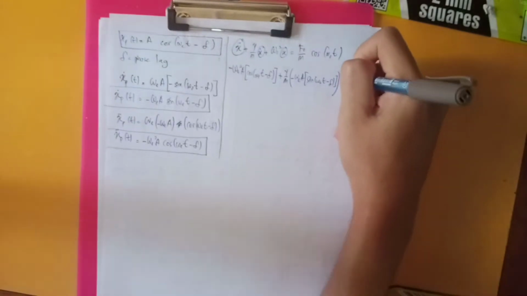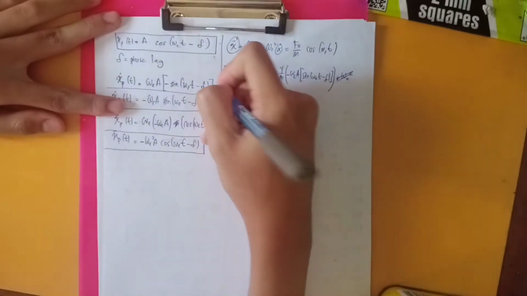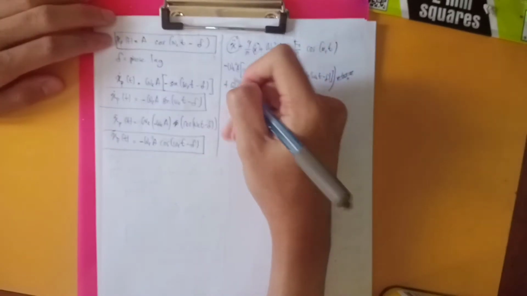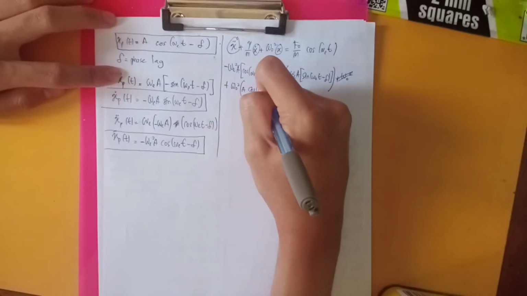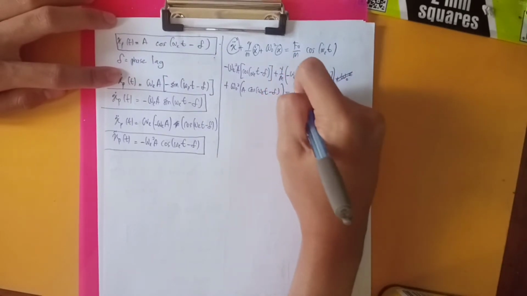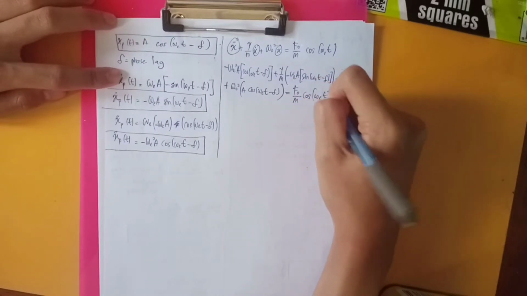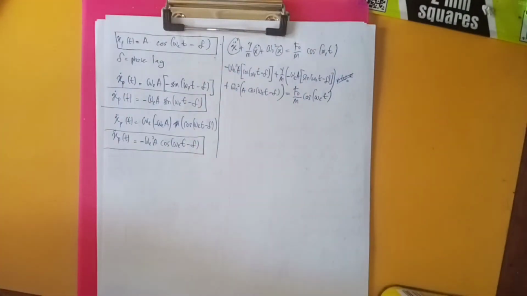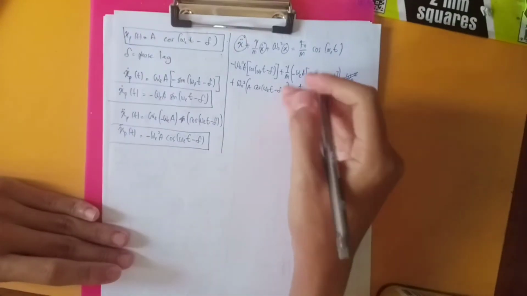And then plus ω_0 squared times A cos(ω_e t − δ), which is equal to F_0 over m cos(ω_e t). Here I would like to factorize to shorten the equation.